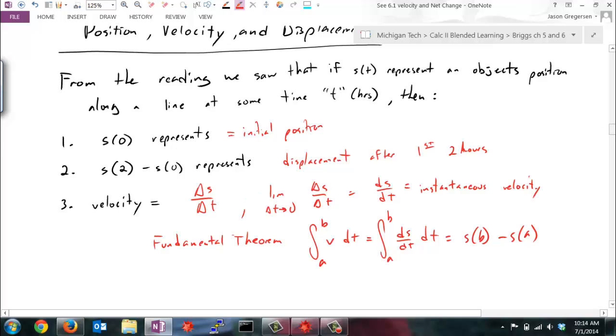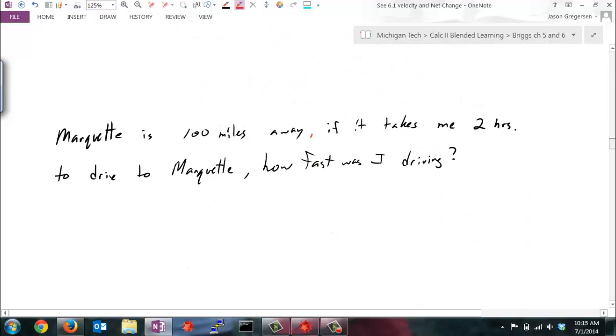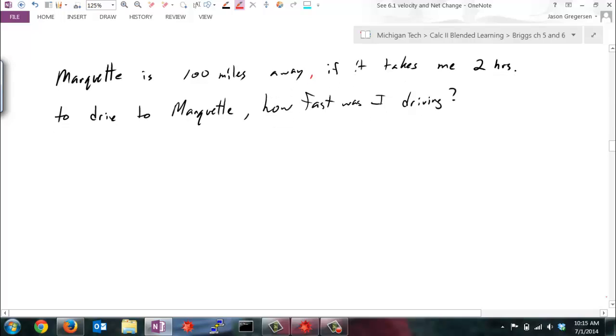So let's make this a little more familiar here. We're going to talk about the same idea about 3 different ways. So Marquette is about 100 miles away, I think. It takes me 2 hours to drive to Marquette. How fast am I driving? 100 miles, 2 hours, 50 miles per hour, right?